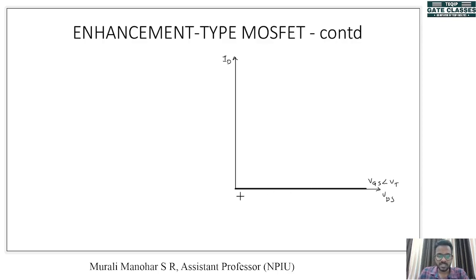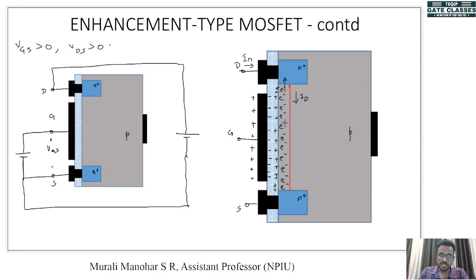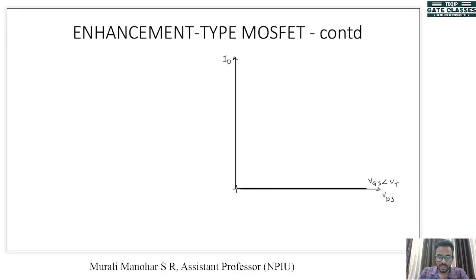When VGS becomes equal to VT, the current starts increasing because a channel is formed. So there is a small current when VGS equal to VT. This is for VGS less than VT, and this is for VGS equal to VT.